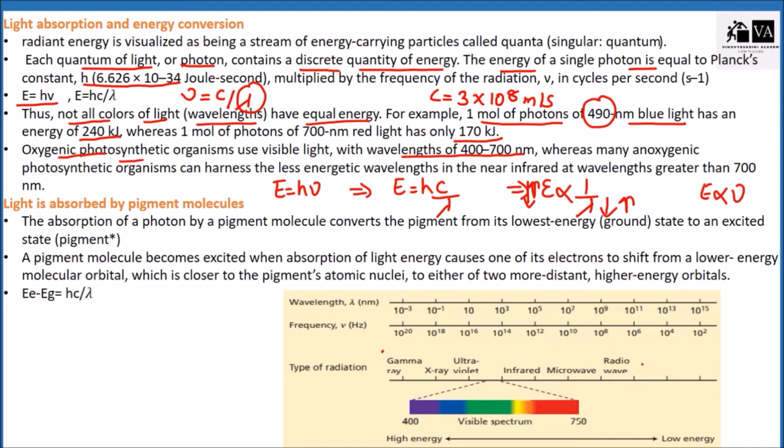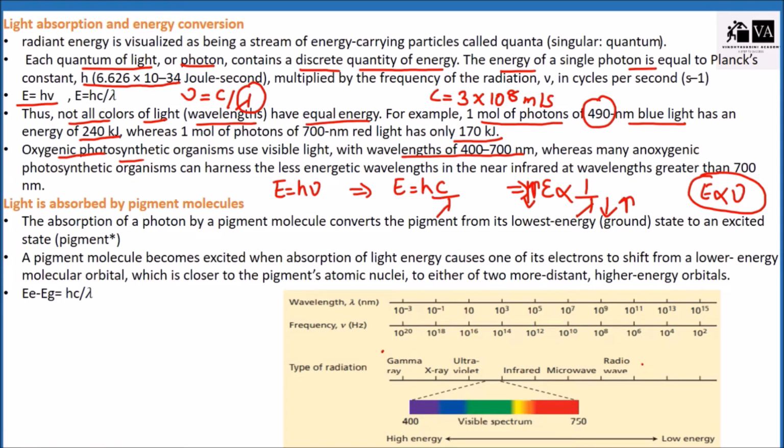If we move from gamma rays to radio waves, the energy will be low and frequency will be low, because energy is directly proportional to frequency. Energy and frequency will be high in gamma rays.